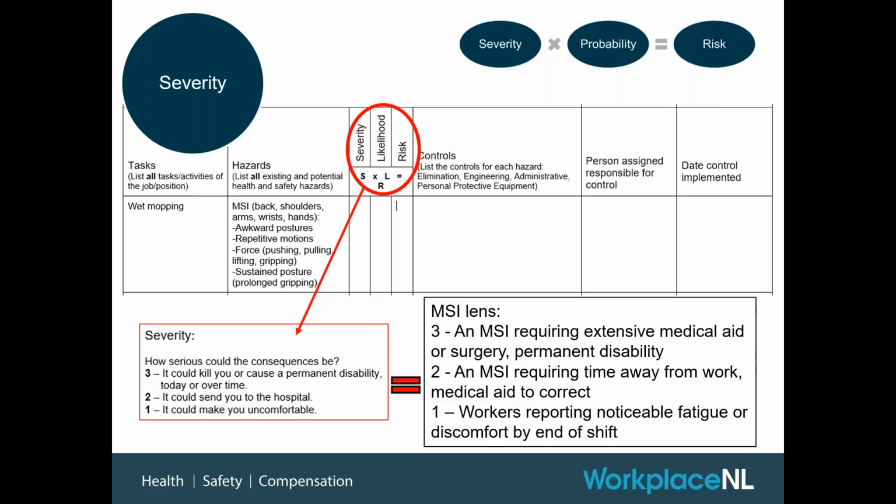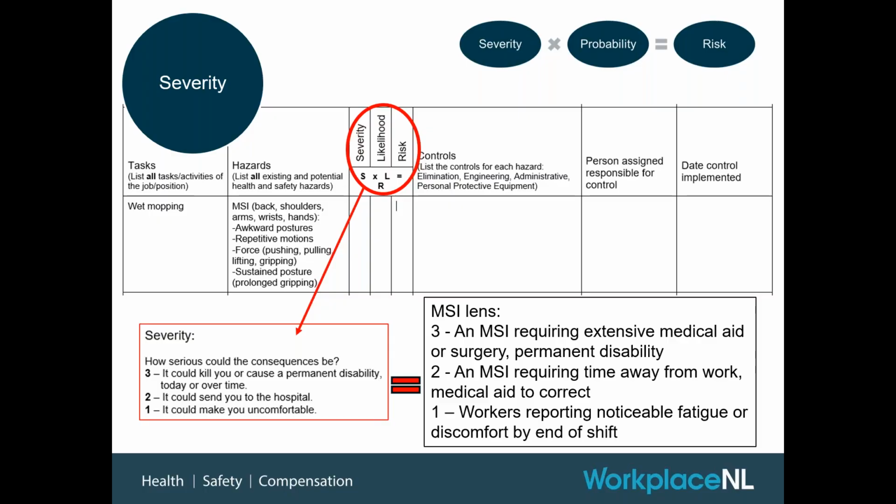If you're having a situation where MSIs have occurred and workers are requiring time away from work, and there's medical attention required to correct it, maybe they're experiencing physiotherapy and that sort of thing, then that could be ranked as a 2. A 3 would be an MSI that requires extensive medical aid or even surgery, and perhaps permanent disability. So perhaps carpal tunnel syndrome surgery was required, or may be required, because of this particular type of work that's been done.